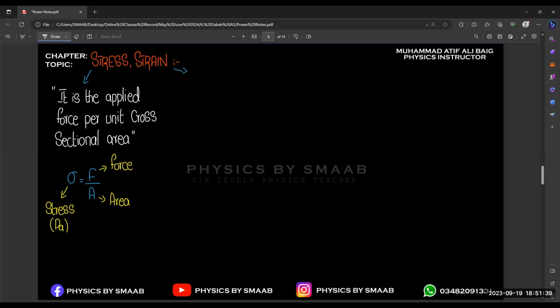So basically strain is like the after effect of the applied force. So in simple words, strain is the extension per unit length.